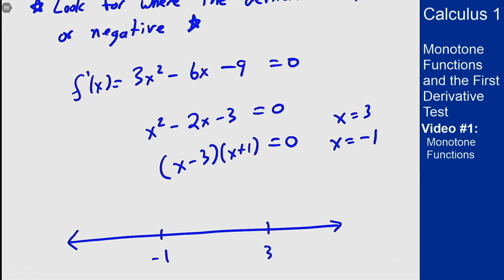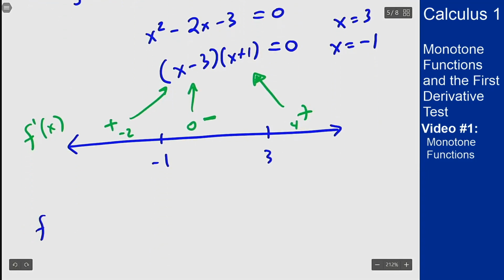So if I plug in 0 to this function, I will get a negative 3 times 1, I'll get a minus sign. If I plug in negative 2, I'll get a plus, and I'll get a plus over here. This is for my derivative f prime. I'm plugging values into here to make this happen. And what does this tell me? Well, this tells me my function is increasing where the derivative is positive.